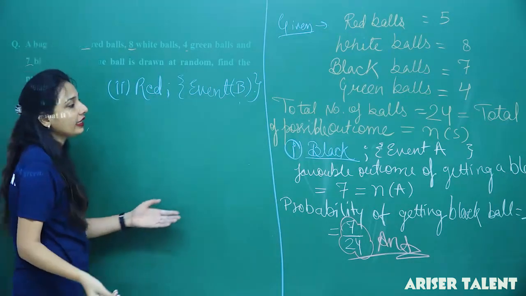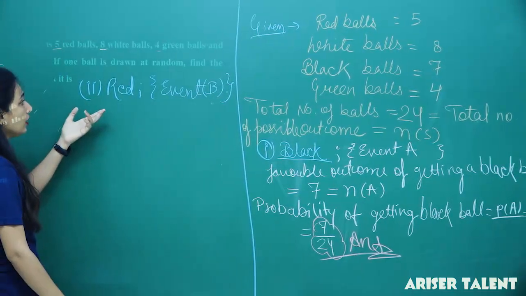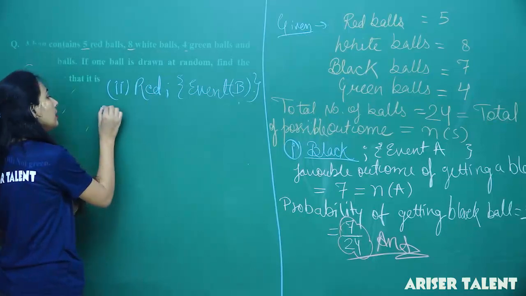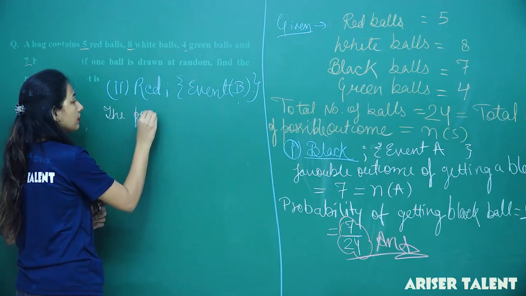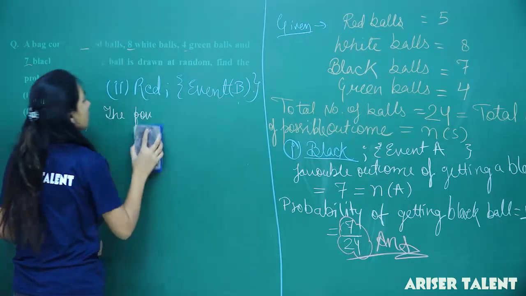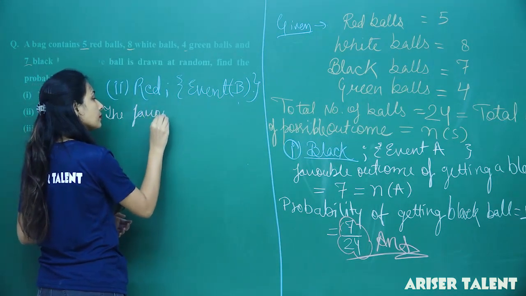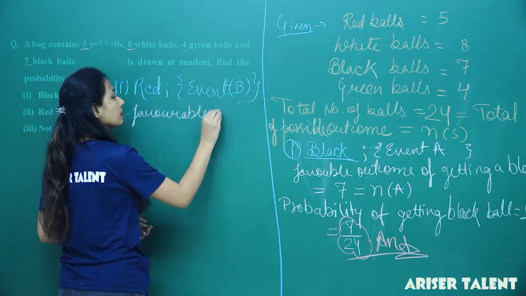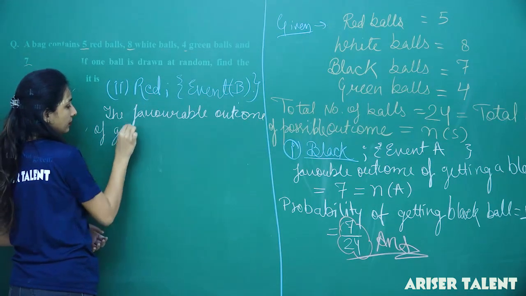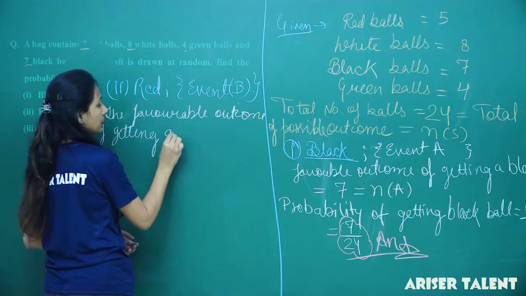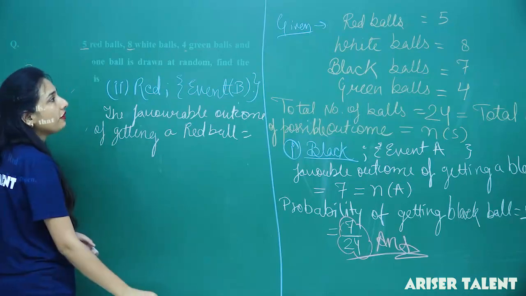Now same, I can write that favorable outcome of getting a red ball is equals to, how many red balls we are having?